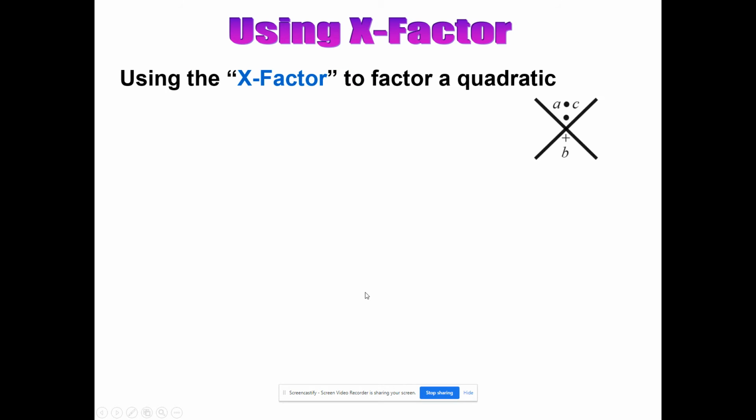All right, so when we are x factoring, we use this x factor when we want to factor a quadratic. If you remember from the unit we did on polynomials, a quadratic is a polynomial with a degree of 2. So when do we use the x factor?